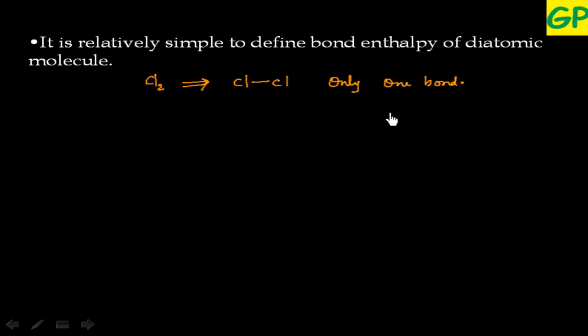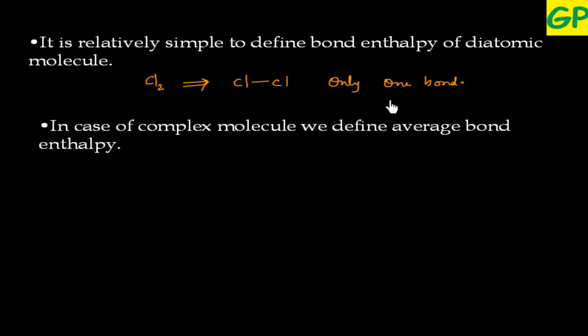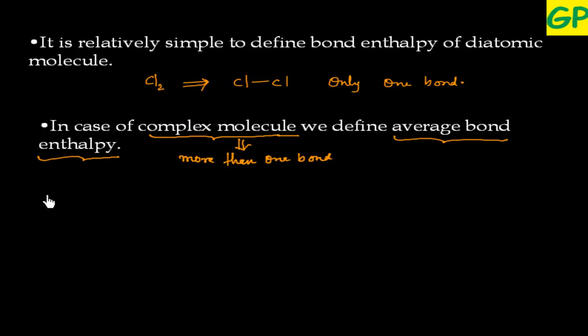There are molecules that have more than one bond. In those cases, defining bond enthalpy is slightly difficult. So in the case of a complex molecule that has more than one bond, we define average bond enthalpy.